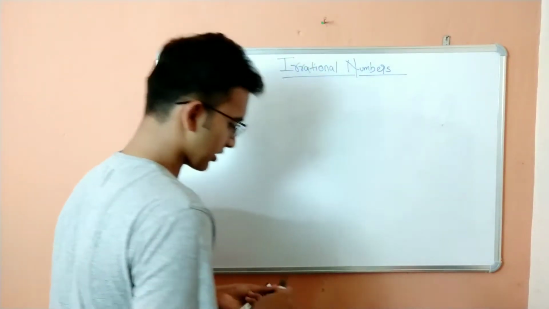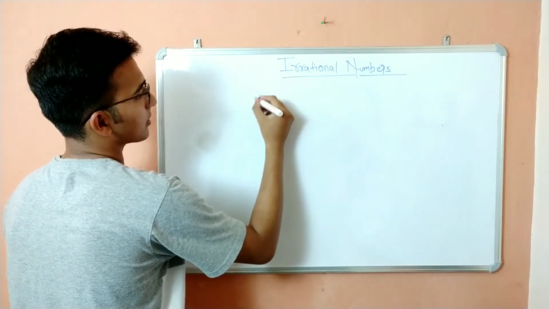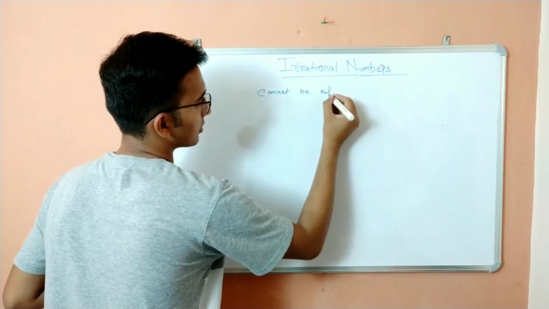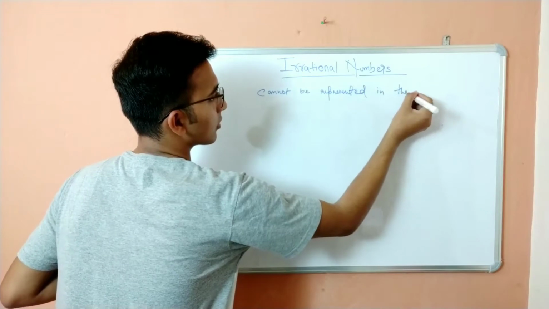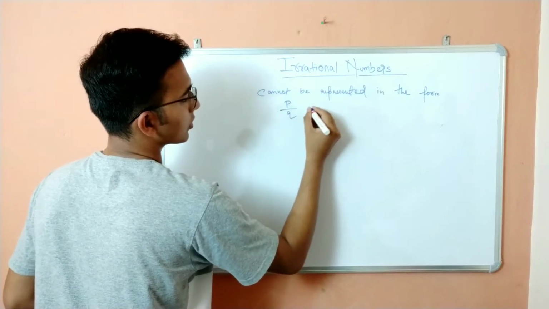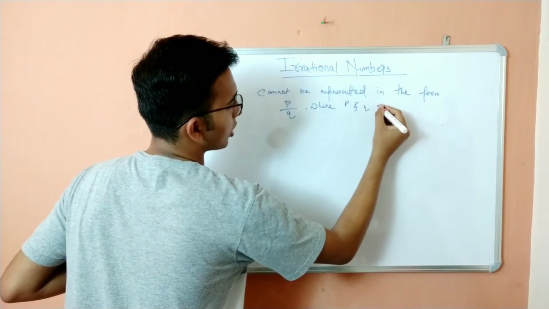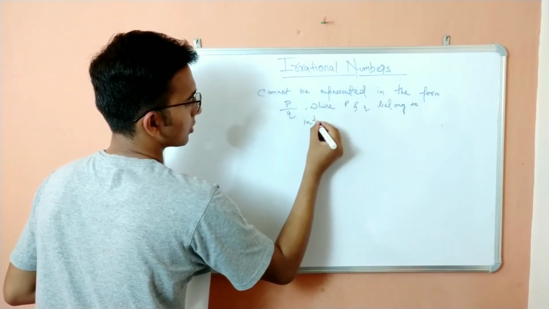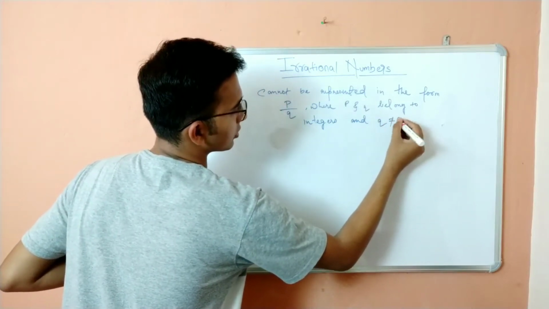The definition of irrational numbers is that these numbers cannot be represented in the form p by q, where p and q belong to integers and q is not equal to 0.